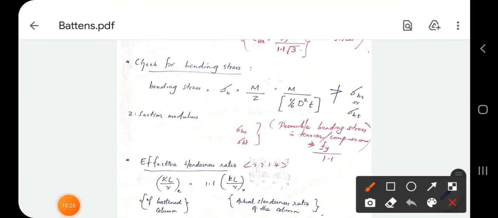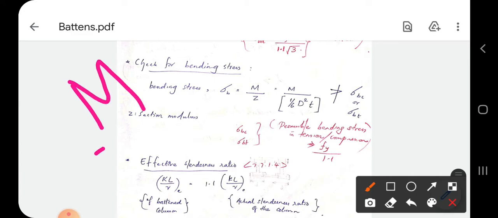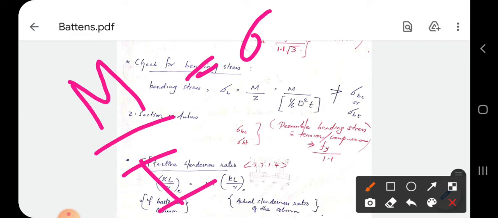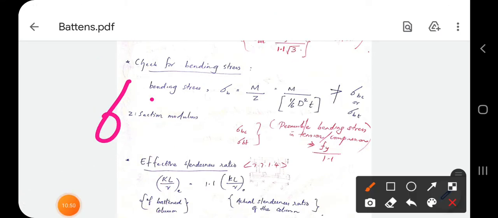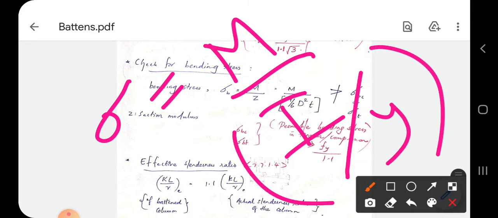Next is the check for bending stress. Sigma B is equal to M by Z. Bending stress sigma B is equal to bending moment by section modulus. This comes from the simple bending equation, M by I is equal to sigma by Y. From this, sigma is equal to M by I into Y. We can write it like this: I by Y is section modulus.